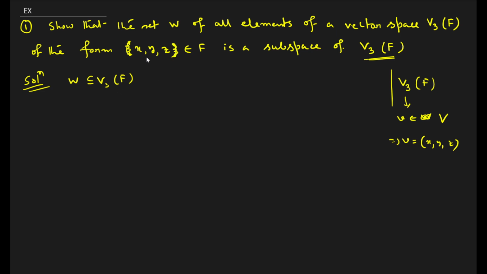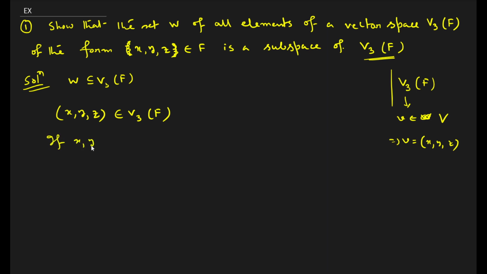Suppose we have taken an element x, y, z. This element is an element of V3 of F. Now will the same element come in W or not?